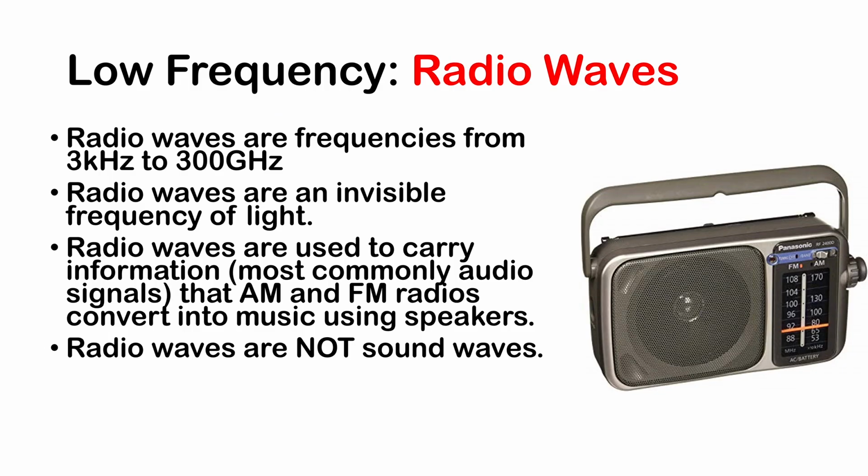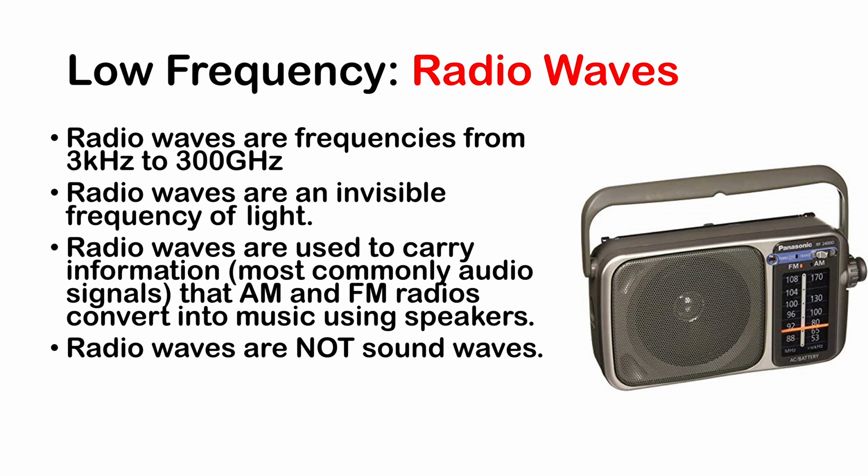So radio waves. Now, radio waves are cool. Next week, I'm going to show you how radio waves are used to transmit information, because that's where the power and the engineering is and how you can make this cool. Radio waves are frequencies from 3 kilohertz to 300 gigahertz. That's a broad range. You can't see them, you can't hear them, you have to use a mechanical device called a radio to hear it.